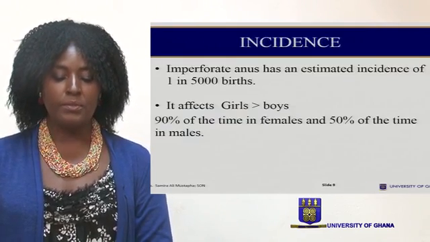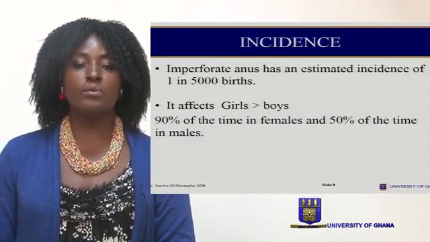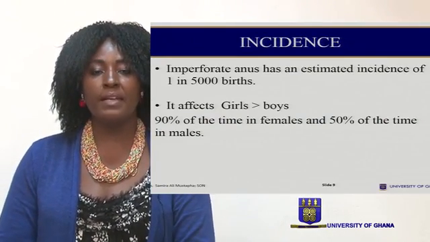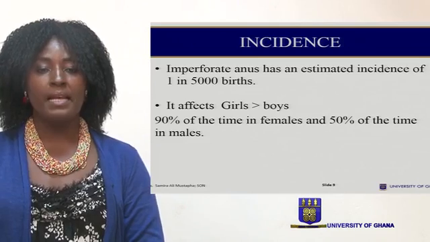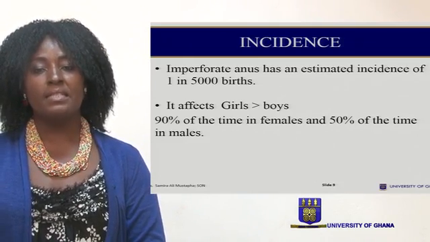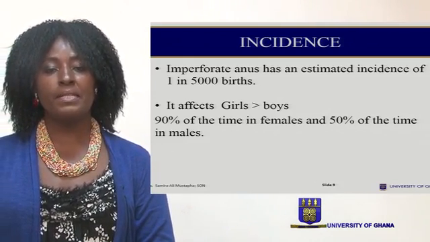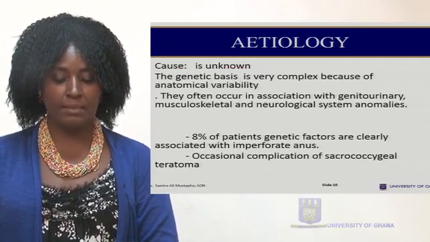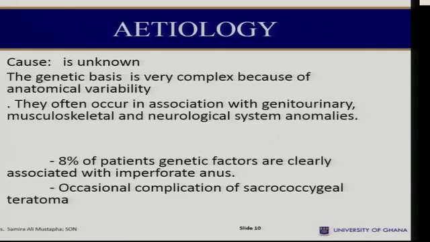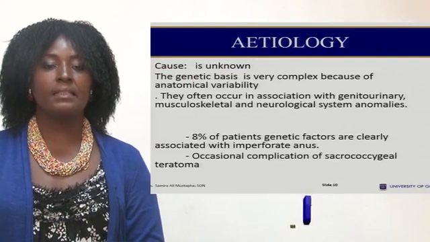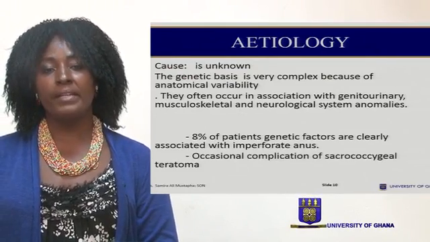Here you see that the incidence is 1 in 5,000 births, and it affects girls more than boys. The cause actually is unknown, but is believed to have some genetic basis and is very complex, and there are various anatomical variations.